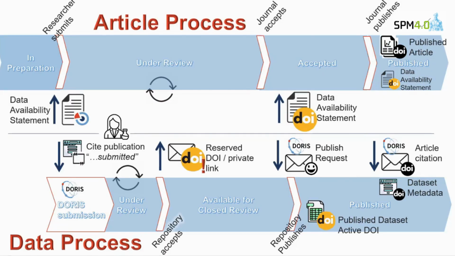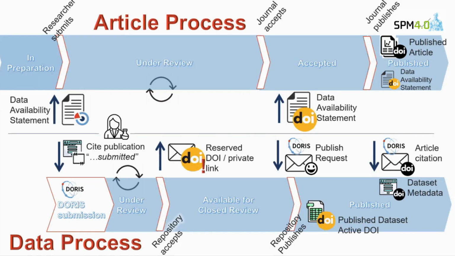People can come in here to the data set. They can see the DOI for the article and they can go up here, or they can read your article, the data availability statement, and they can go down here. And as I say, it would be really nice if this was integrated, but unfortunately it's not. And usually to get these links working is a lot of back and forward.